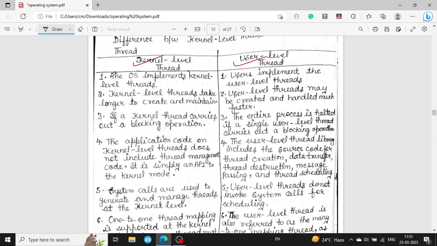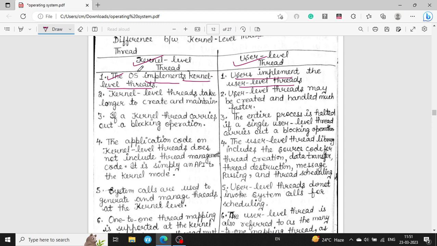In kernel level thread, the operating system implements kernel level threads. On the other side, in user level thread, users implement user level threads.